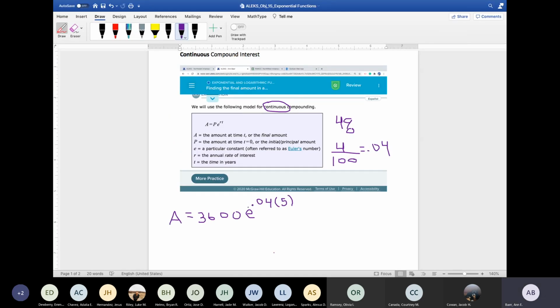So second, then ln, and I get e to a box. In that box is where we're going to put the 0.04 times 5. Enter.